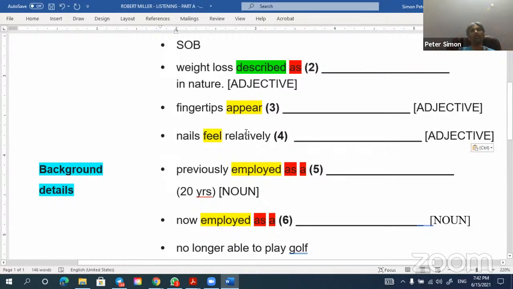He feels relatively happier, relatively, comparison. Soft or softer. Nails feel relatively tender, soft, dry, hard, something. Adjective.